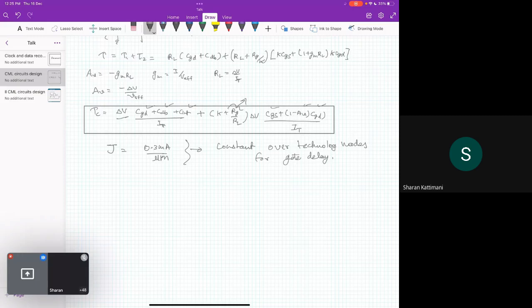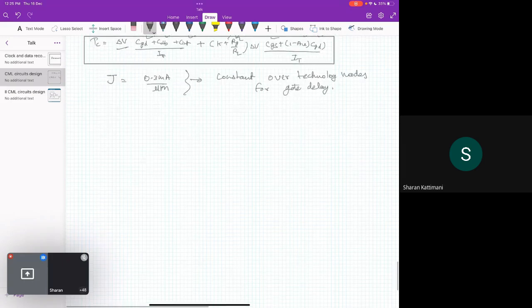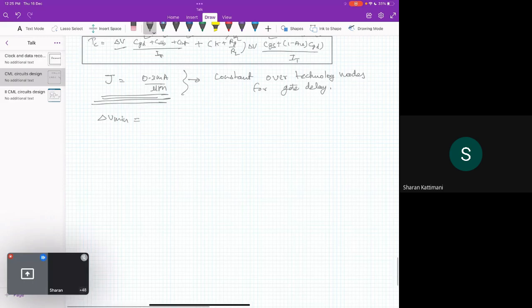If this is constant over technology node, that is the reason why in most recent papers on high speed circuits they design using this current density. All the circuits they design assuming a constant 0.3 milliampere per micrometer current density, and they take it as a reference and design the whole CML logic.